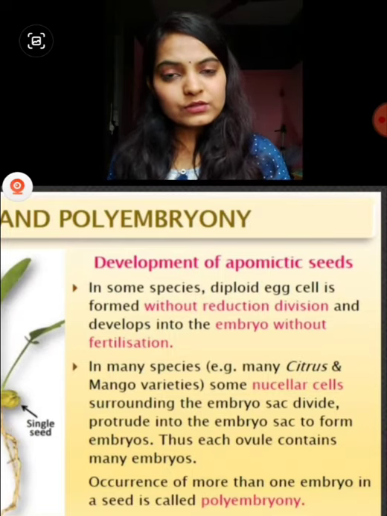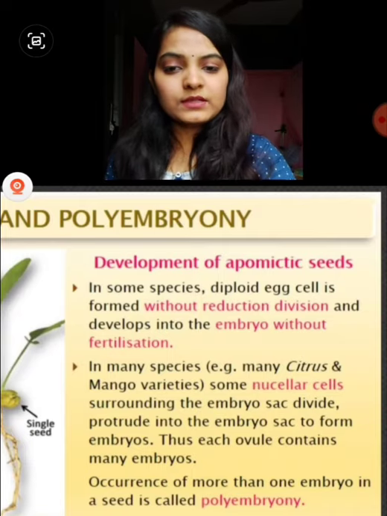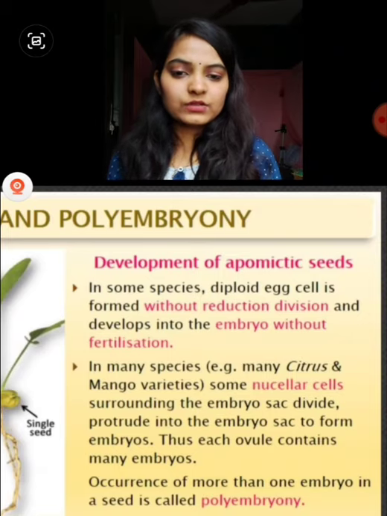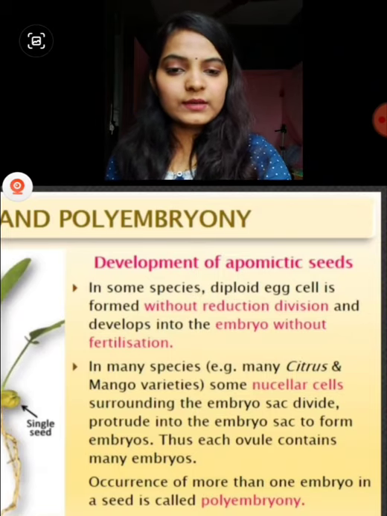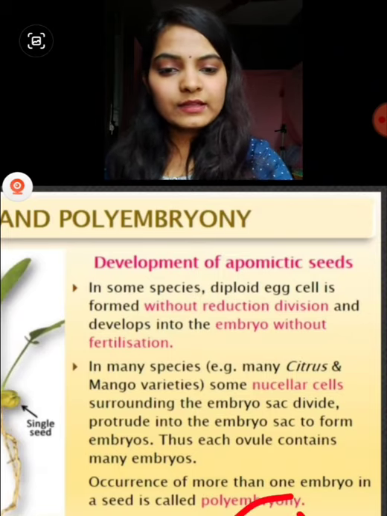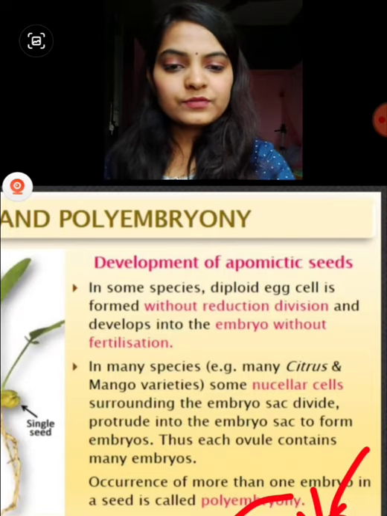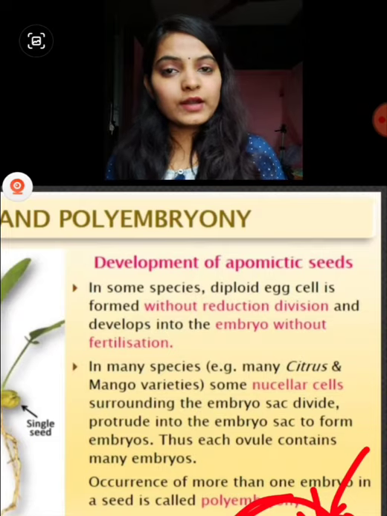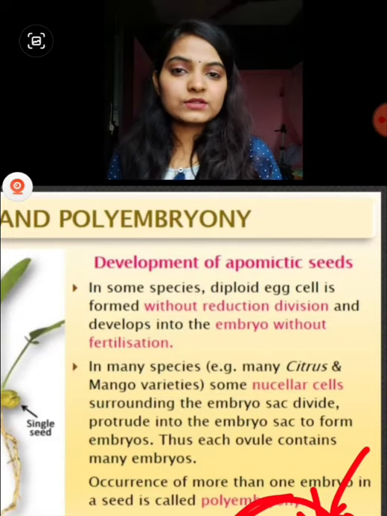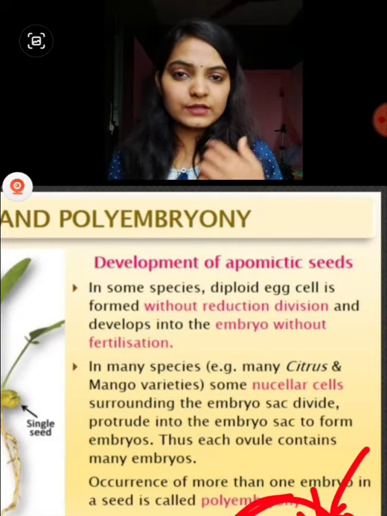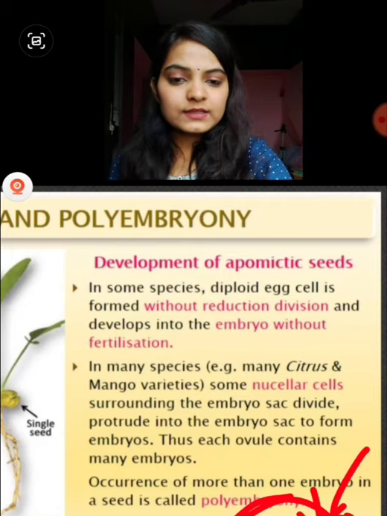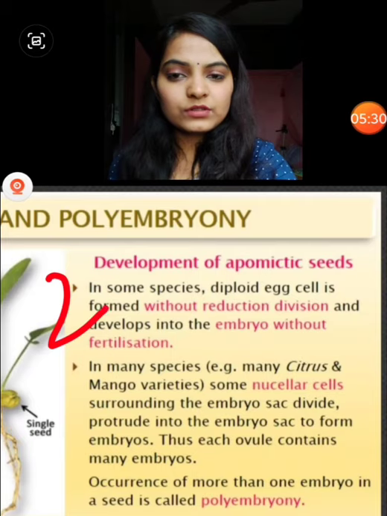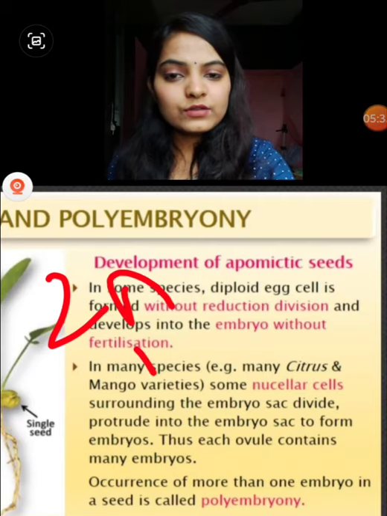It should undergo reduction division, that means meiosis, to produce n, and then the male gamete should fuse with the female gamete, becoming 2n diploid. Then fertilization occurs and it grows as a new individual. But in these cases, the reduction division does not happen, and the egg stays 2n.